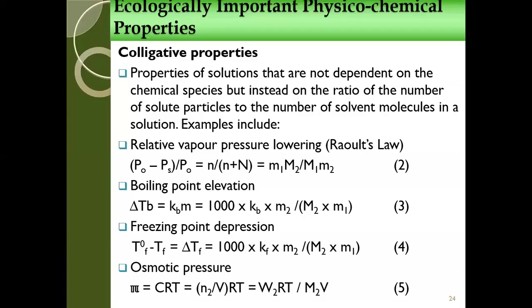The 62 is the molar mass of the ethylene glycol. Then you divide that by 0.1, because you are converting the 100 grams of water to kilogram: 100 divided by 1,000 gives you a kilogram.